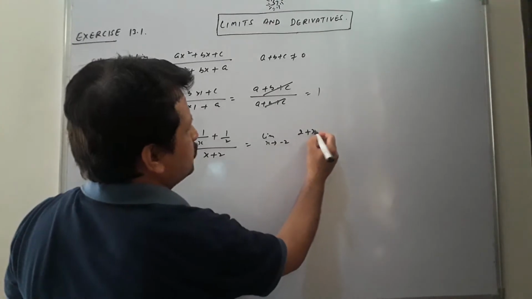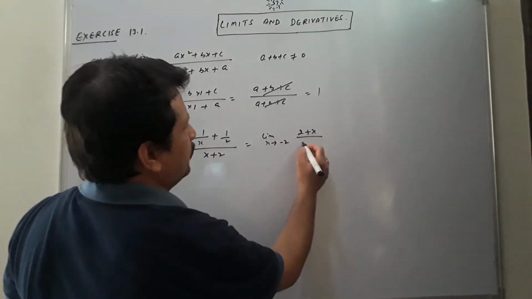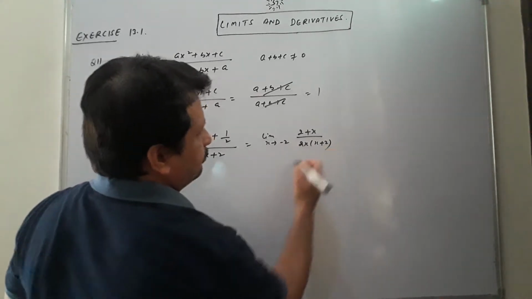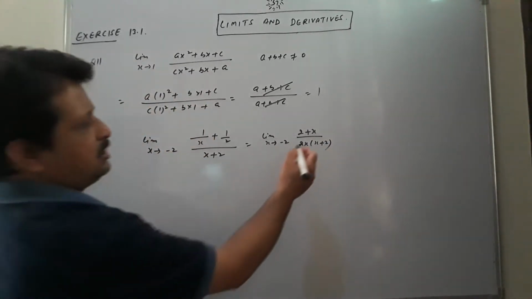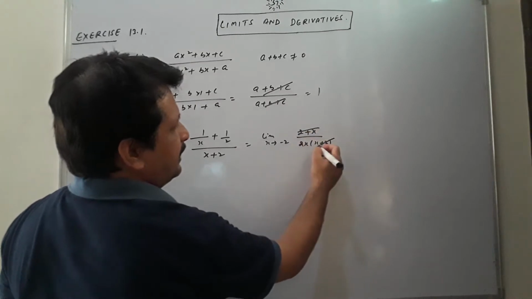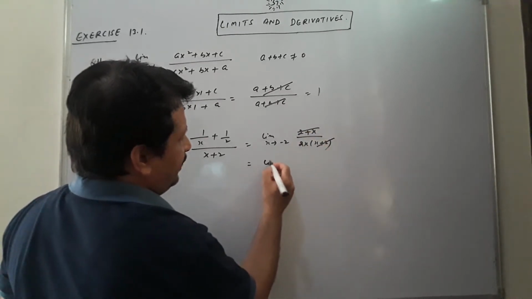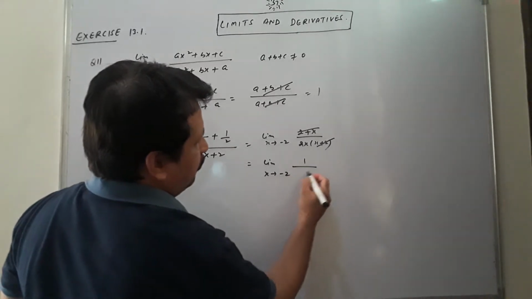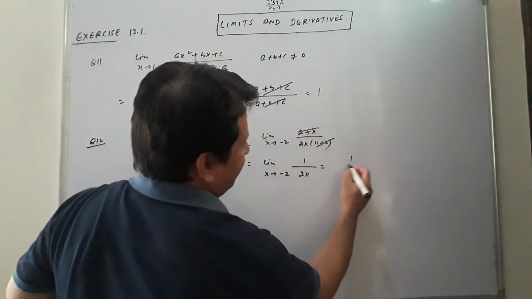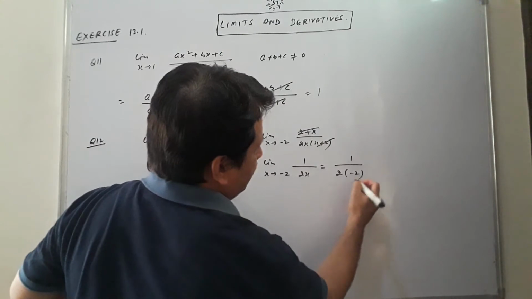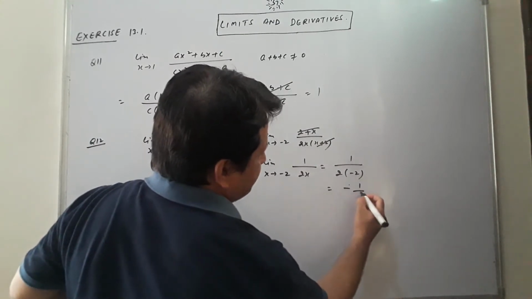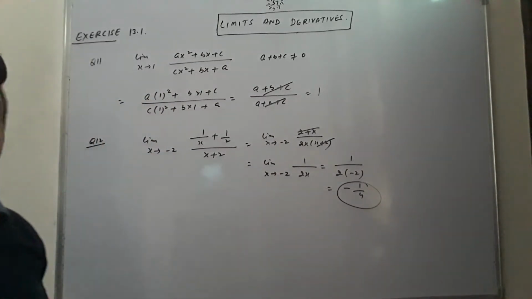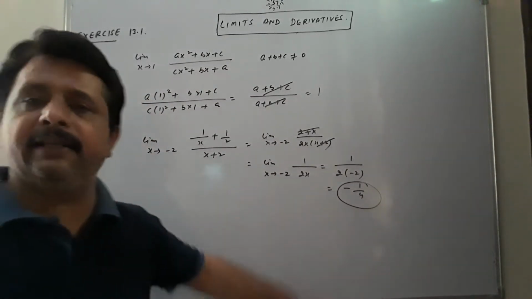It will come as (2 plus x) upon 2x into (x plus 2). Now this is also x plus 2, this is also x plus 2, it will cancel out. Now we are left with the limit x tends to minus 2 of 1 over 2x, or we can say 1 over 2 into minus 2, that is minus 1 by 4. So your answer will come as equal to minus 1 by 4.